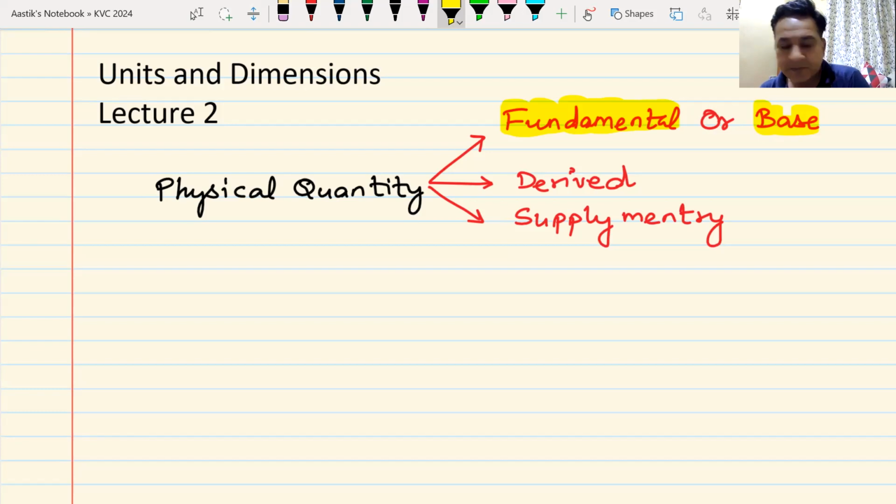That is correct. But can you define what quantities? You have given me the example of fundamental physical quantities, but you have not defined it. You have not told me the definition of a fundamental quantity. Can you tell me the definition of a fundamental quantity, beta?